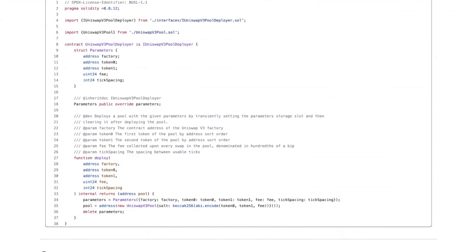What were you saying about the once per block or once per TX though? Why would that restrict it to one per TX? No, actually, there's no restriction here, right? Because there's no required checking that this is zeroed out. What I've maybe noticed is that once you deploy the pool, maybe the pool reads something off of this parameter object.